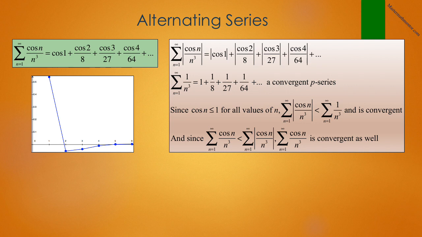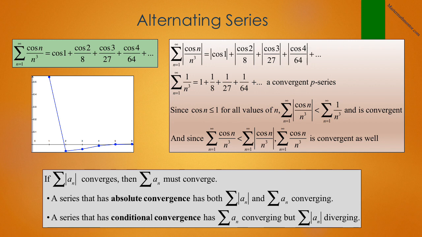And since summation n equals 1 to infinity of cosine n over n cubed, which contains both positive and negative terms, has to be less than the summation of the absolute value of cosine n over n cubed, which only contains positive terms, then summation n equals 1 to infinity of cosine n over n cubed must be convergent as well.